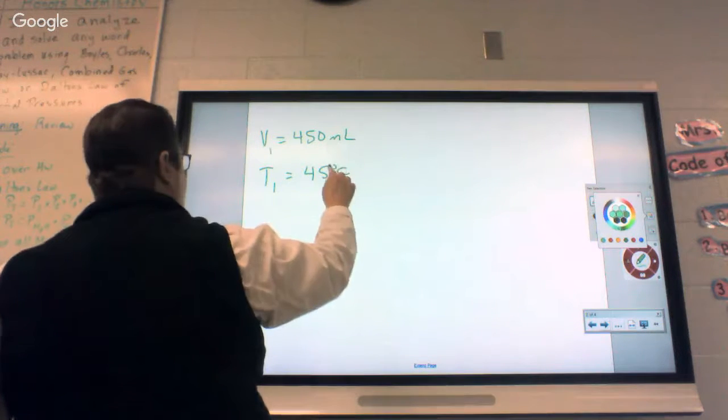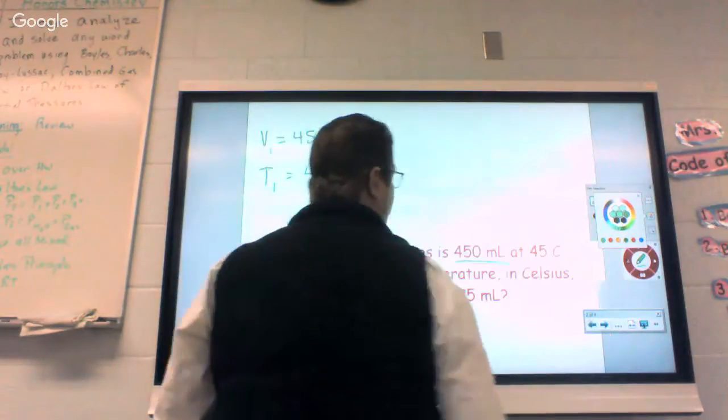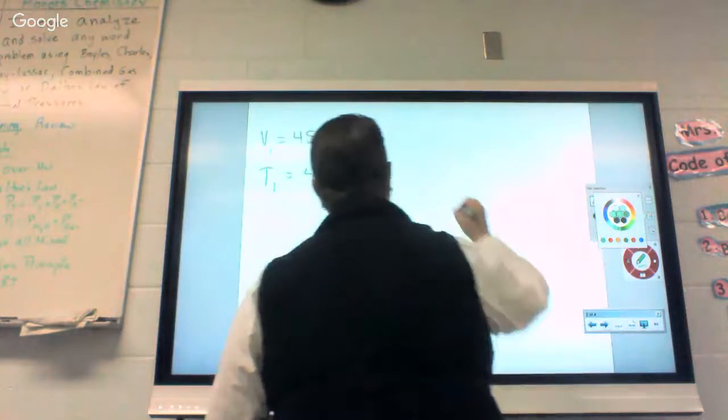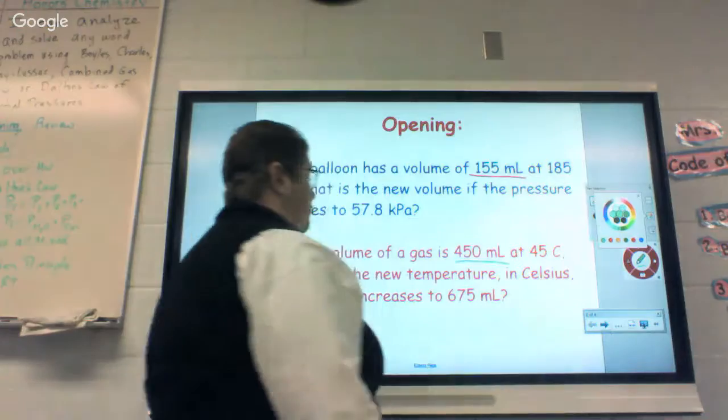Again, I made them T1 and V1 because they were first. If I keep reading, it says, what will the new temperature be? So I'm looking for T2. If I have a volume of what?